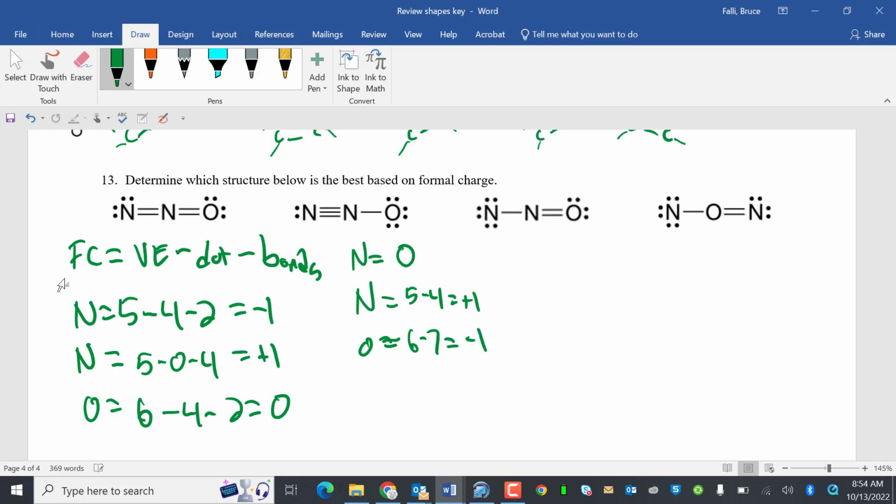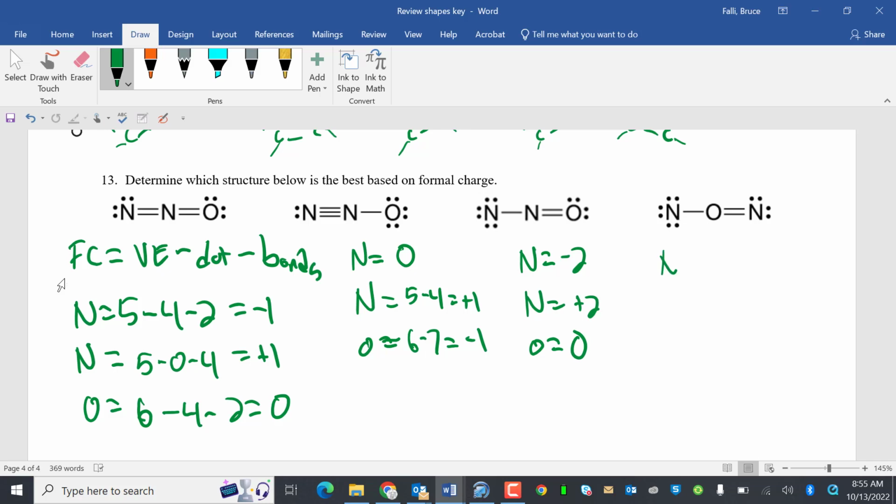So again, notice all these add up to 0: 0 plus 1 minus 1 is 0. On this one, the first nitrogen is 5 minus 7, so -2. The next nitrogen is 5 minus 3, which is +2. I already know this one's bad because the numbers are too large. Oxygen is 6 minus 6, which is 0.